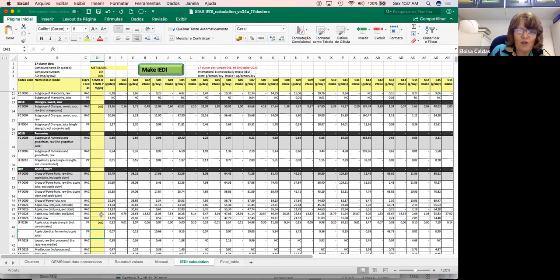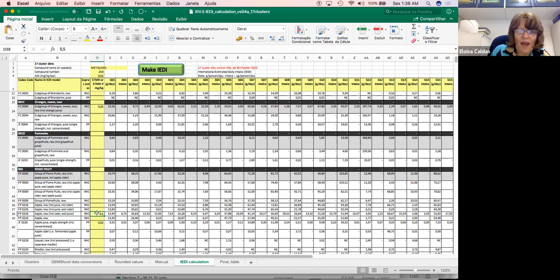Because if I just put including juice and including cider, and I don't have a value for cider, it would assume a very high consumption of juice at the same level. You would assume that the juice and the apple contain the same residue, and we know that's not true.